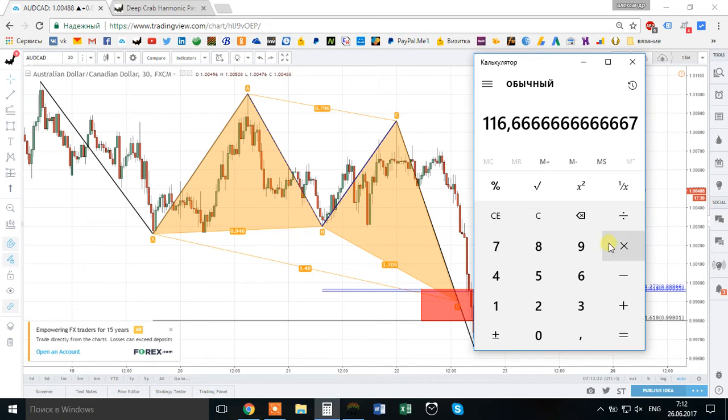Let's divide that by 10. For example, we are working 10 hours a day doing backtesting. So it will be 11 days to backtest one pair.